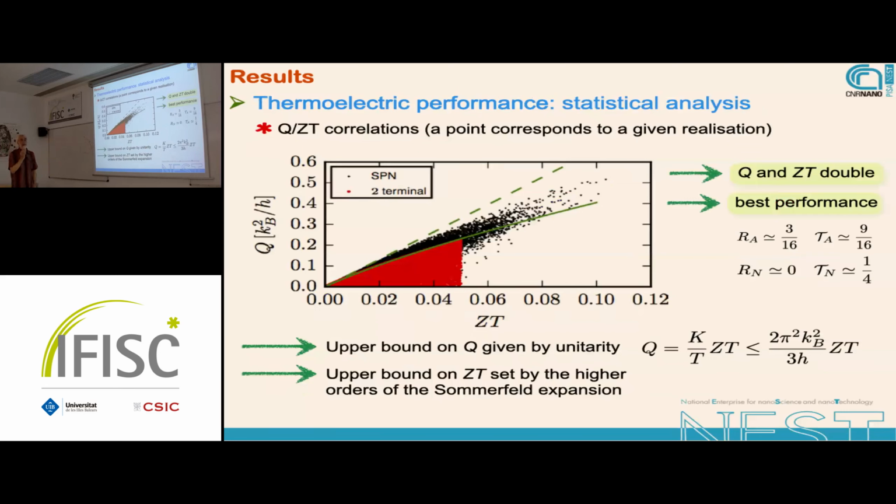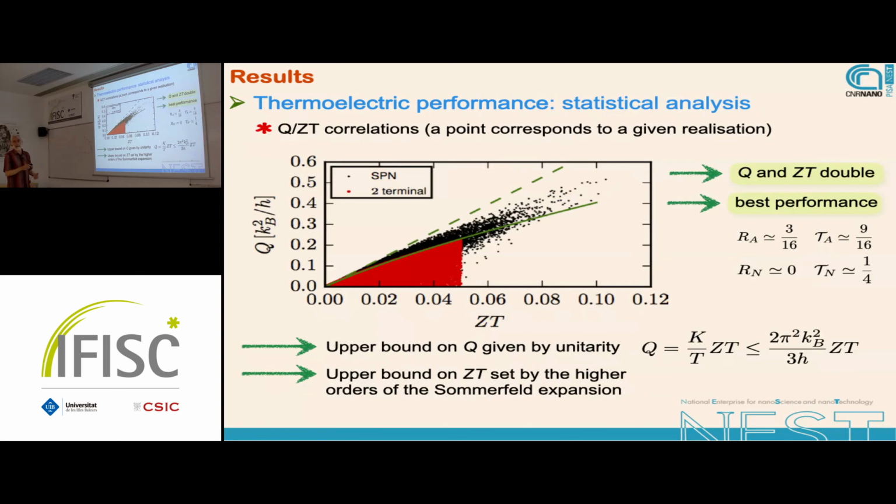But more importantly, here we compare the performance of a heat engine, the performance of a two-terminal system with this three-terminal system with superconductor.